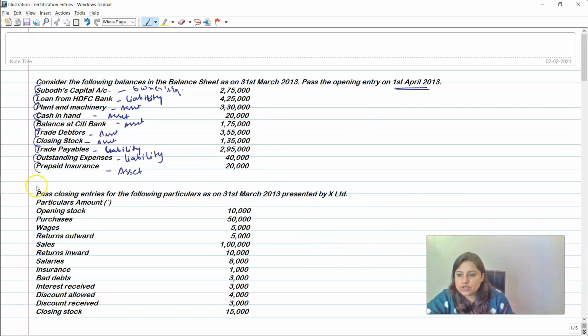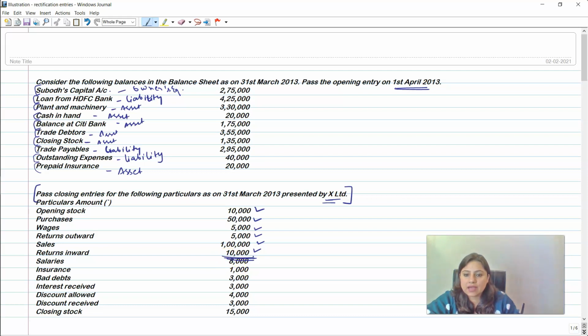So the next illustration says pass closing entries for the following particulars as on 31st March 2013 by X Limited. So we have to basically close the nominal accounts of the P&L. So we have opening stock balance as 10,000, then we have the purchases, the wages, the return outward, then the sales, return inward, and here we are finished with the trading account.